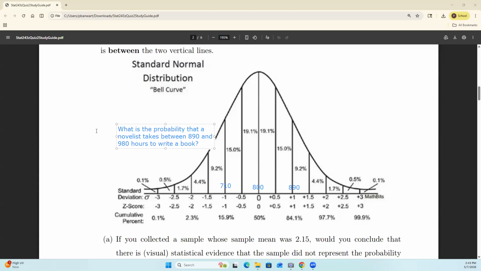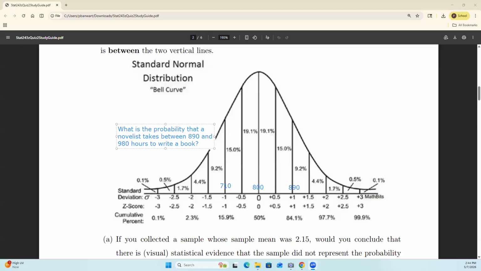What is the probability that a novelist takes between 890 and 980 hours to write a book? It'll take a few minutes. There's your picture. It's not fully annotated, but it'll get you going, and see if you can come up with an answer for that.